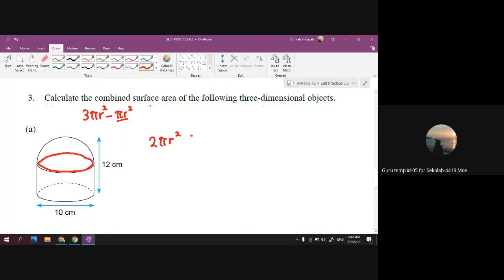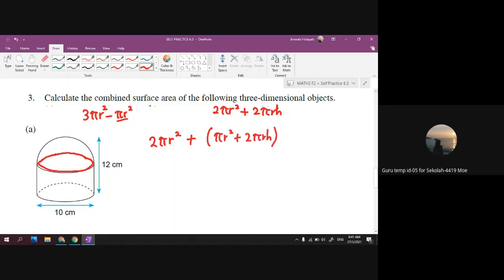Okay, and then plus, what's the formula for area of this cylinder? So sebelum ni saya cakap kalau area untuk cylinder adalah 2 pi r square plus 2 pi r h. But for this one, dia adalah pi r square saja.